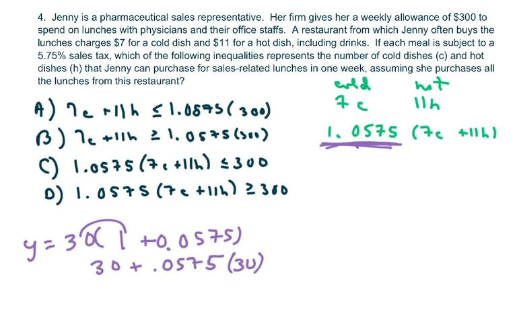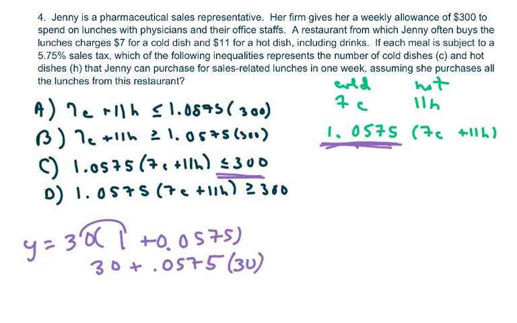So now what do we have to do? She has a weekly allowance of $300, so she can't go more than that. So it should be less than or equal to that. It looks like this one's it.